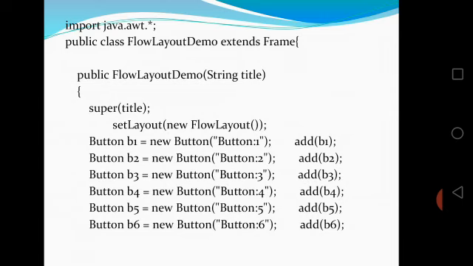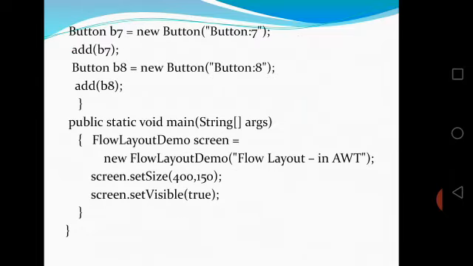For adding the component, we use add B1, add B2, B3, B4, B5, B6. One by one we are adding the controls to the container. Then 2 more buttons are added, button 7 and button 8.